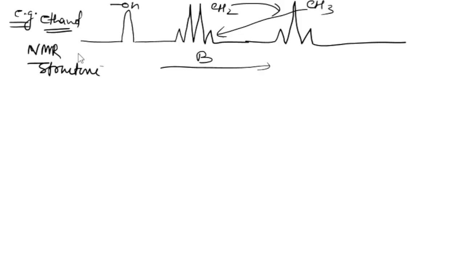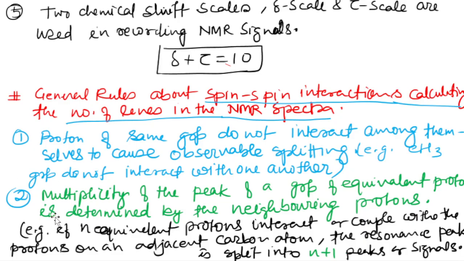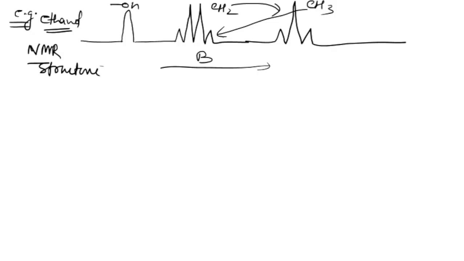So here is an example, the NMR spectrum of ethanol. These are different peaks. This is for the hydroxyl group, this is CH2, this is CH3. If we apply the last two points in this formula, you will get a clear idea.